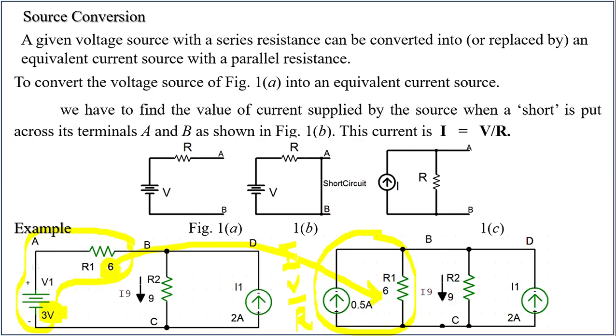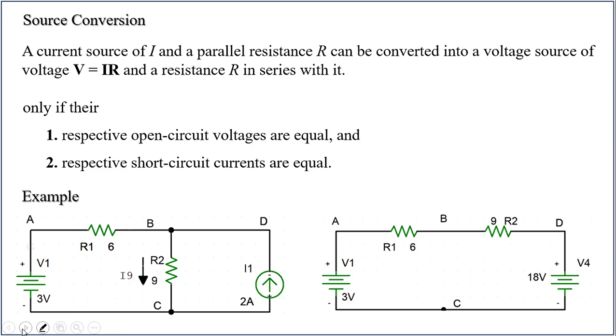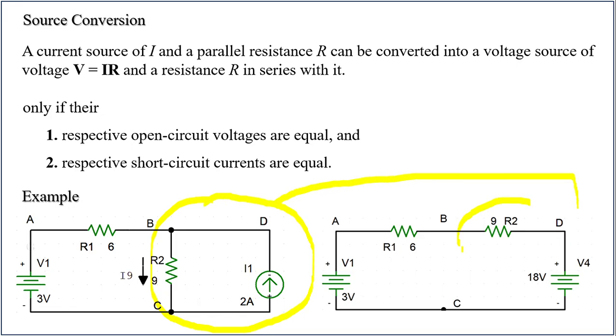What is the purpose of this? It is mainly to reduce the complexity of the network or to arrive at the requirement very easily. And similarly, here there is a constant current source in parallel with the resistor. This can be converted into a voltage source in series with the equivalent resistance. The resistance remains the same; here it is in series, there it is in parallel. The value will remain the same, but the current source will not be there.